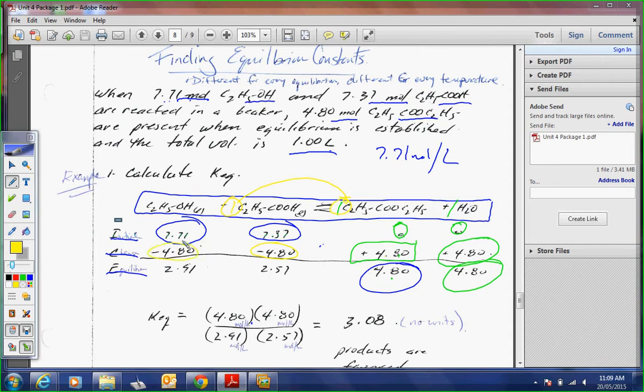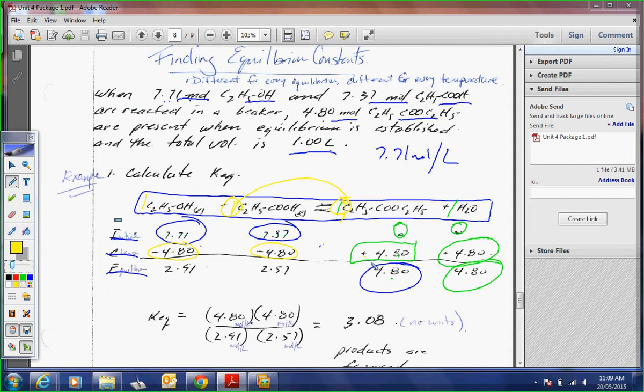And same thing here. Because they're all 1-to-1 mole ratios, if one of these and one of these produce one of these, and you produced 4.8, then 4.8 and 4.8 must have reacted to produce the 4.8. Everybody okay with the yellow?